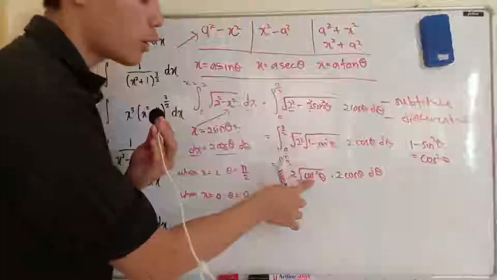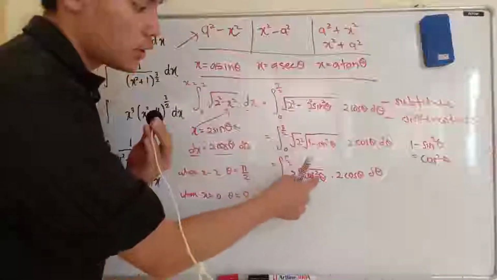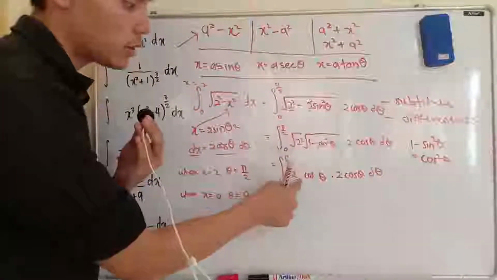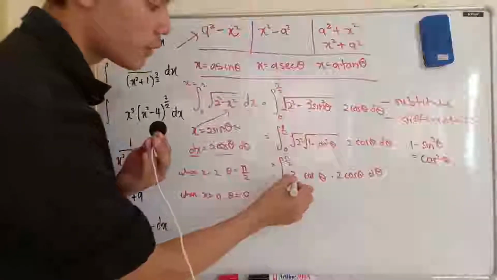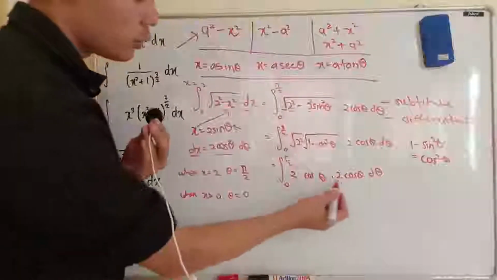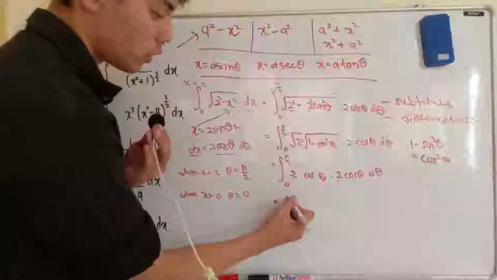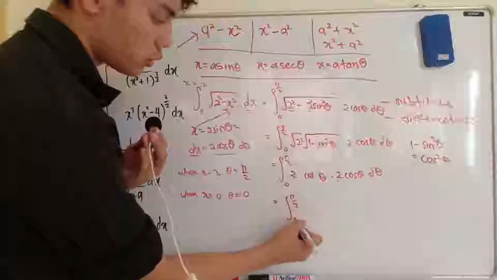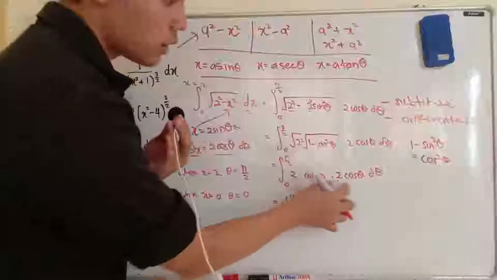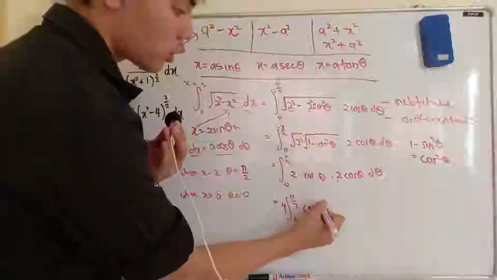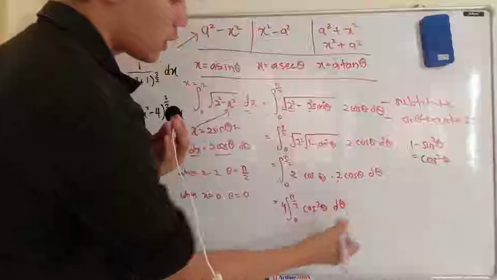So now the square is going to disappear with the square root. Now 2 times 2 is 4, you just bring the 4 to the front here, cos times cos square theta d theta.